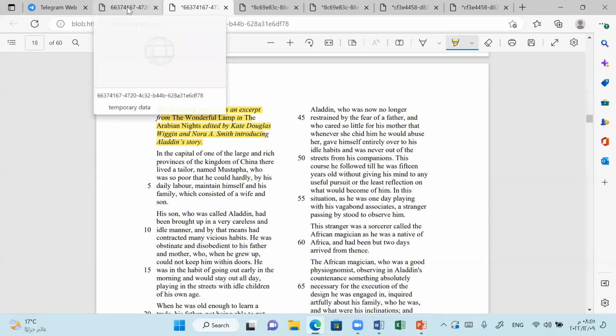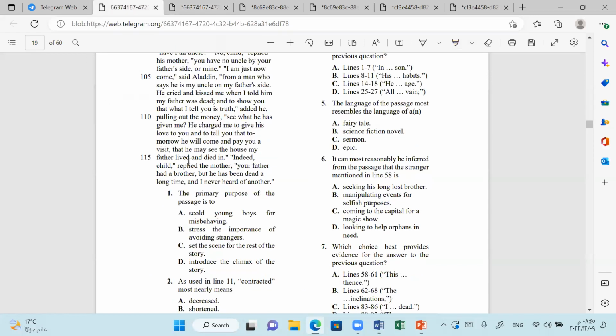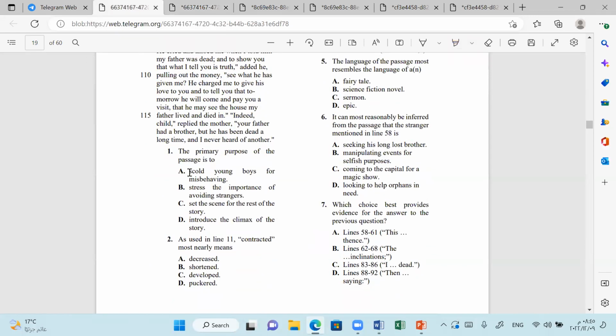So I will go for the primary purpose of the passage, the main purpose. Option: the primary purpose of the passage is to scold young boys for misbehaving. Can I take that? I haven't seen that in the blurb.